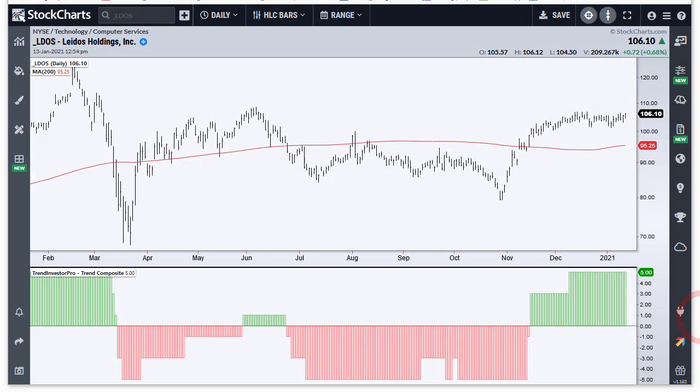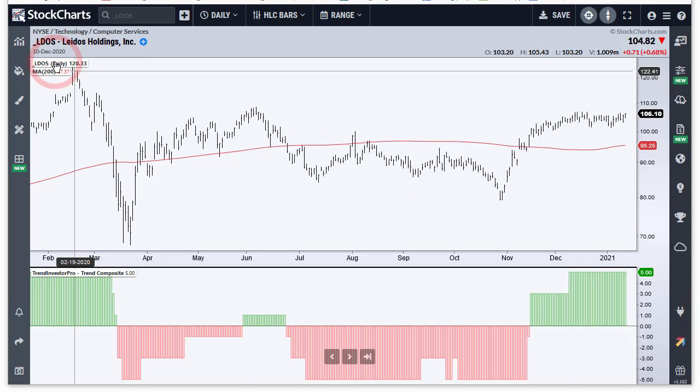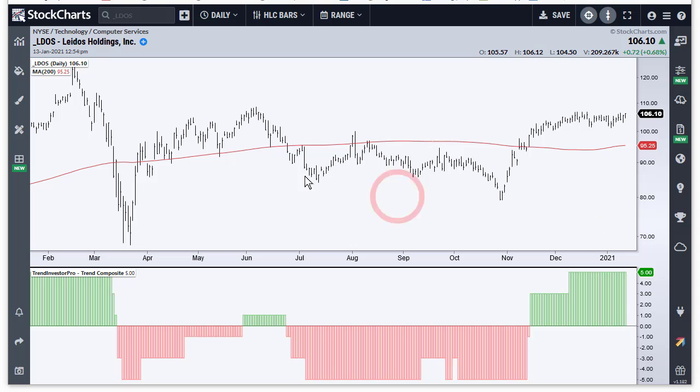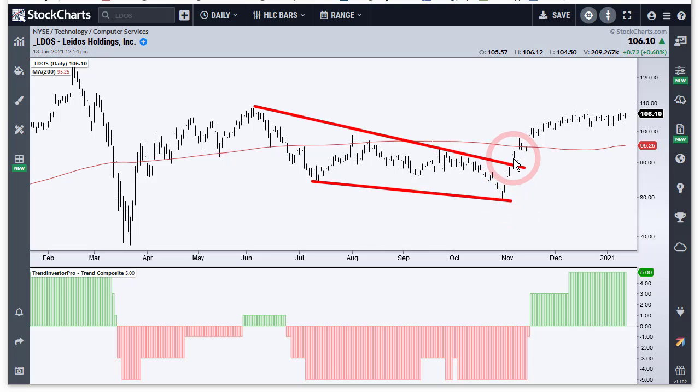And finally, we've got another stock, Leidos Holdings, not sure how to pronounce that, LDOS. It shows that it's in technology and computer services. And if we look at this chart here, we can see a big corrective wedge forming and then a breakout. And after we got that breakout, you can see the trend composite turning positive in November as we got above the 200-day.